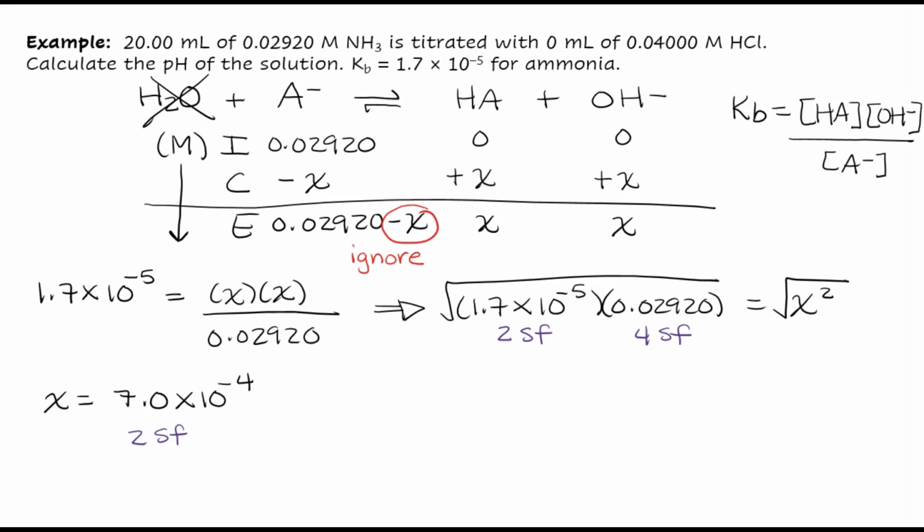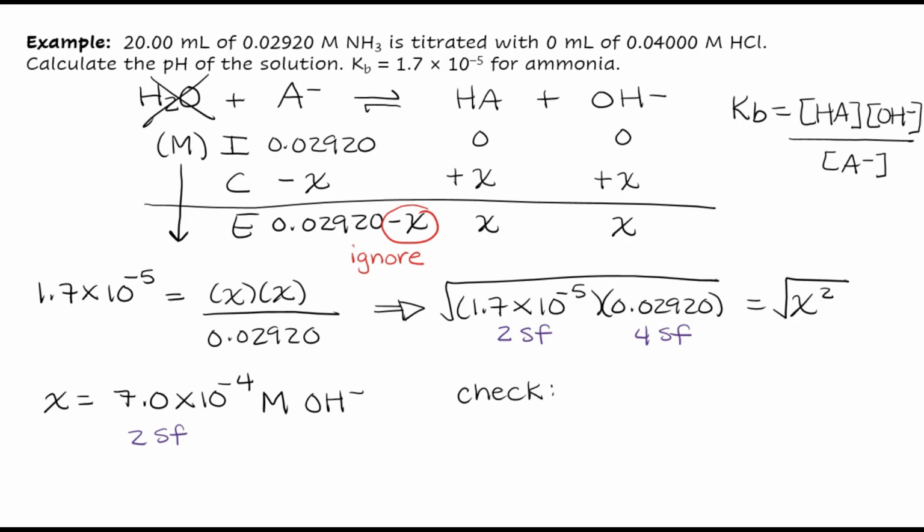If we take a quick look at our ICE table, we see that x corresponds to the molarity of OH-. And that is what we will use ultimately to calculate the pH. Before we do that though, we need to check the assumption.